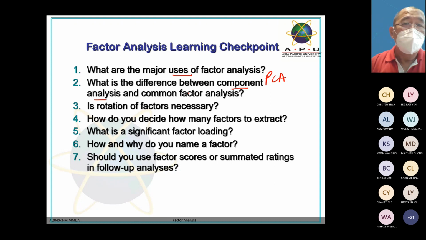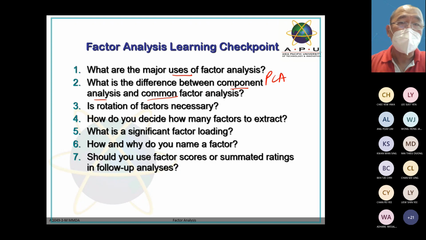But in common factor analysis, we want to find the common variance. Let's say the first factor, they have a similar idea. Common variance, similar concept. Therefore group together. I see these two ideas are quite similar.